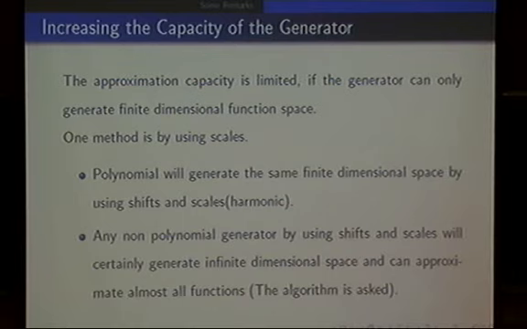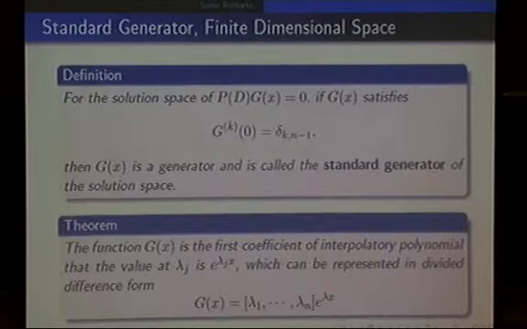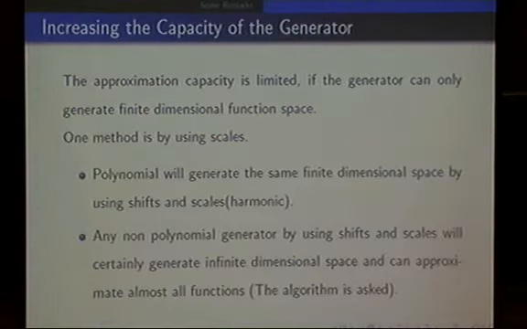For example, the polynomial will generate the same finite dimensional space by using shifts and scales. However, any non-polynomial generator using shifts and scales will certainly generate an infinite dimensional space and can approximate almost all functions.